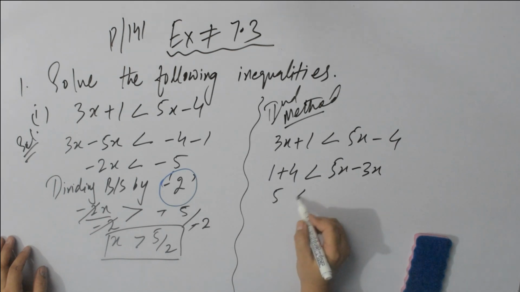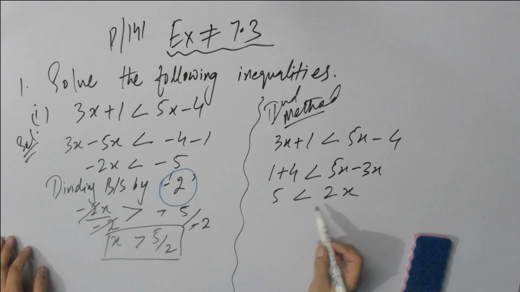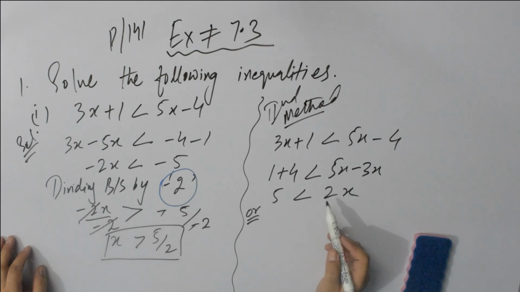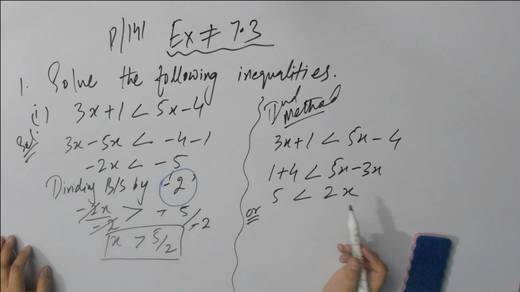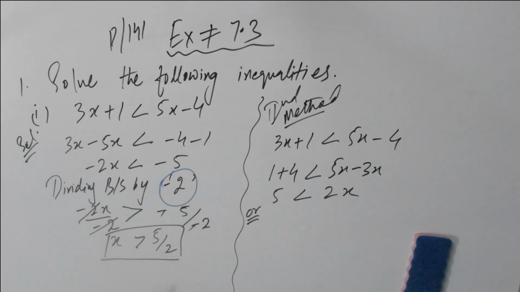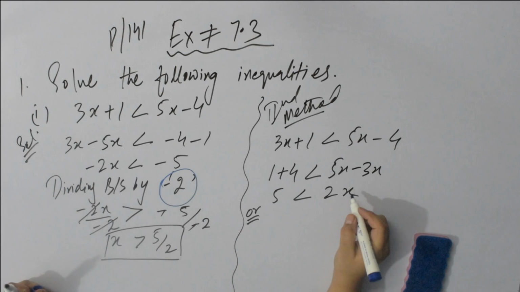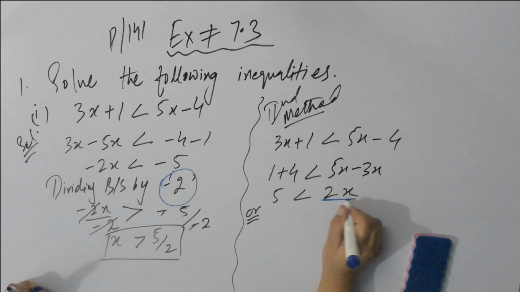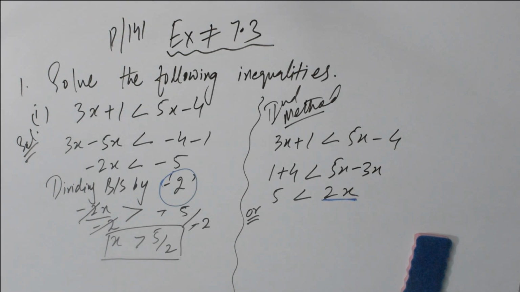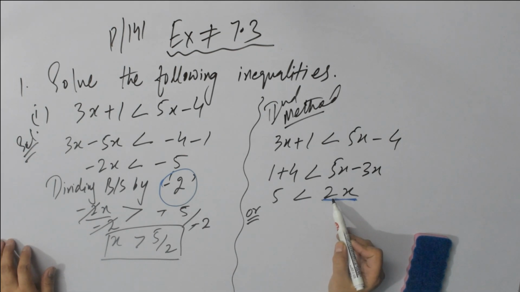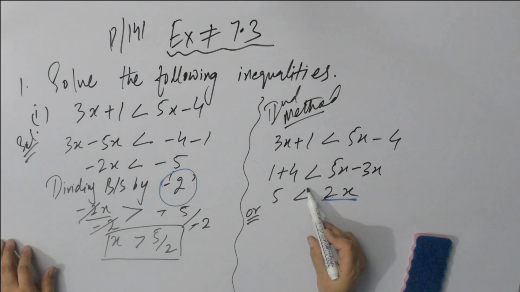So it becomes 5 is less than 2x, or students, you have to read from the x side. Always read from this side when you are writing after or. It's 2x is greater than, look, it's opening, this is the greater than sign, 2x is greater than 5.